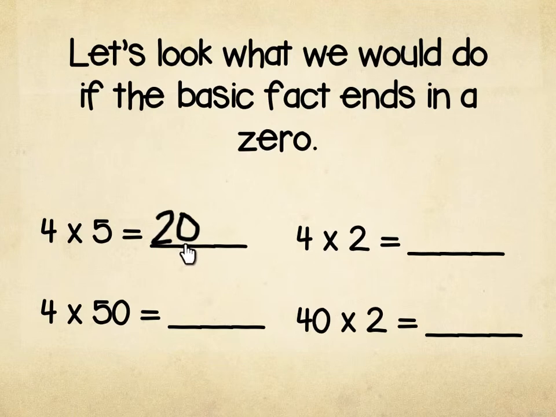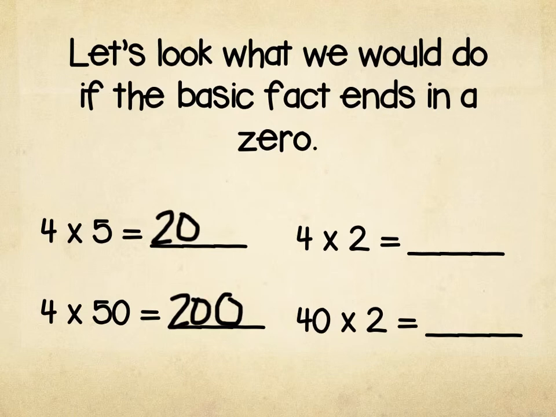I'm not going to let that trick me, because when I do 4 times 50, I'm going to look at my basic math fact first. 4 times 5 is 20. But I still have this 0 right here that I need to put on the end. So I'm going to add a second 0. The product of 4 times 50 is 200.